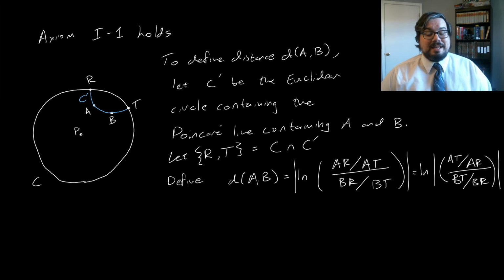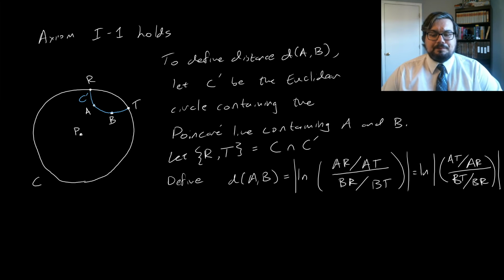And so because we're taking the absolute value, we always get the same number out of it. So the points R and T are uniquely determined. Their order isn't, but their order doesn't matter for defining the distance between A and B.